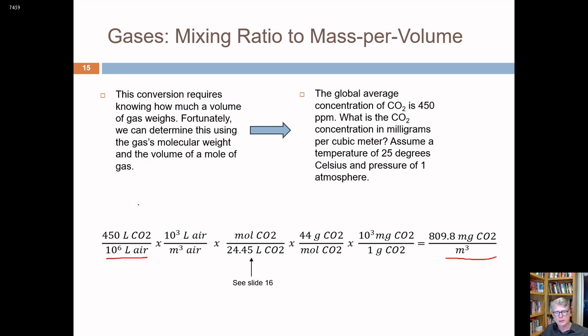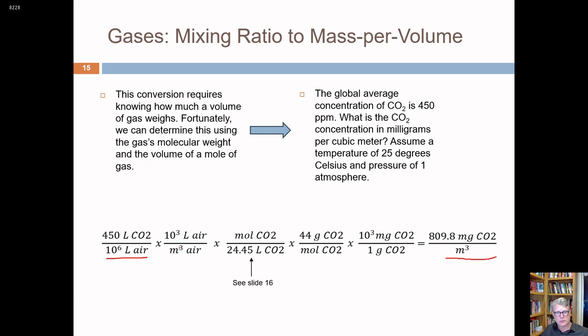We began the prior dimensional analyses by dealing first with the numerator, but here let's deal with the denominator first and just get it out of the way. So we want to convert this liters of air to cubic meters of air. Well, we know there are 1,000 liters of air for every cubic meter of air.